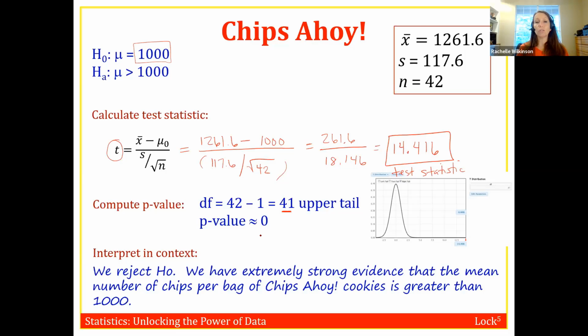They're used completely differently and independently of each other, so you don't need one to get the other. Hopefully that helps when you're working on your homework, because I very frequently see people try to use this number as a t-star in a confidence interval, which, like we said, is not the right thing to do.